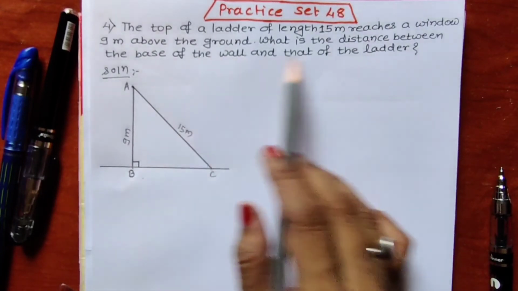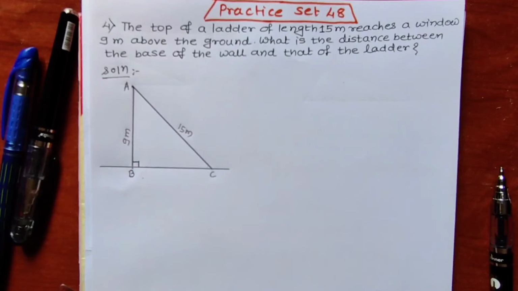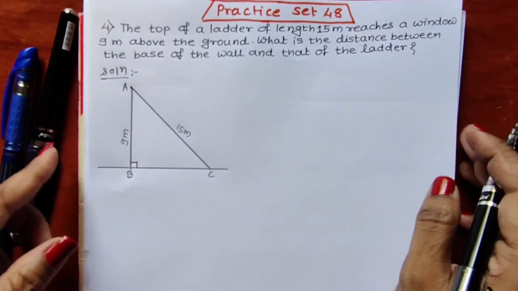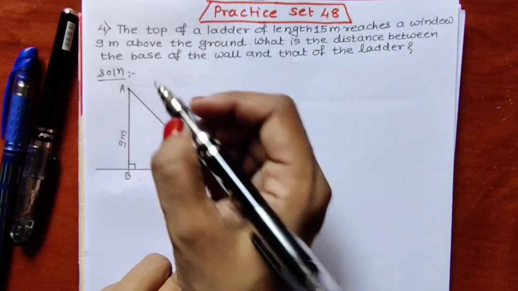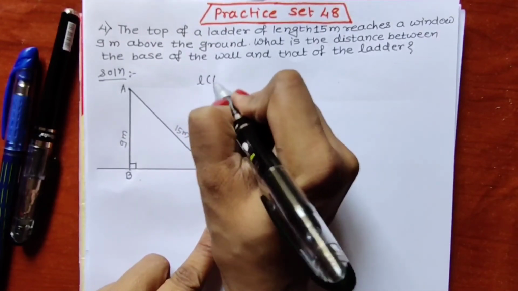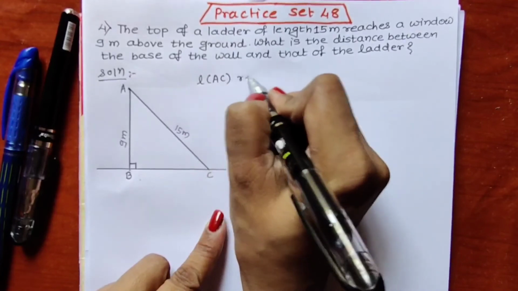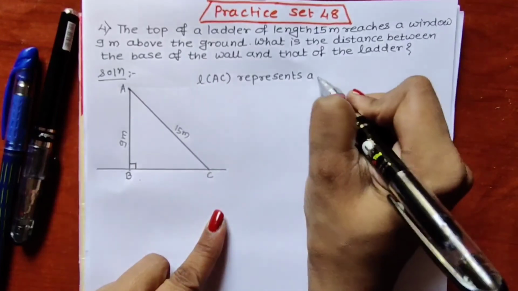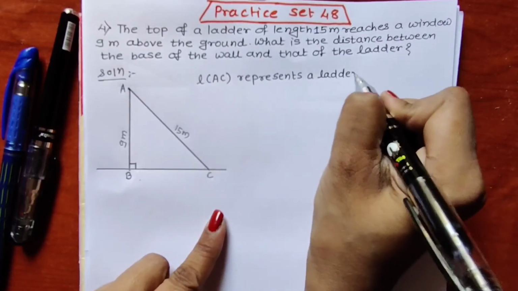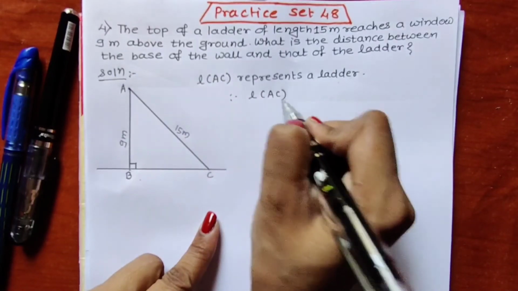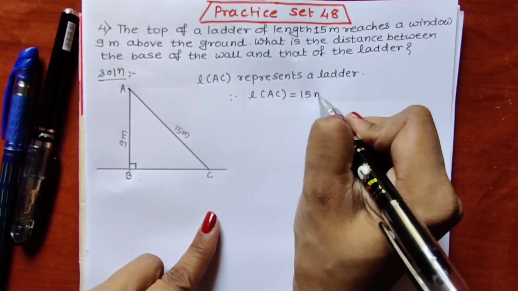So we have to write all this information properly in diagram form in the solution. Length AC represents a ladder, and therefore AC is equal to 15 meter.